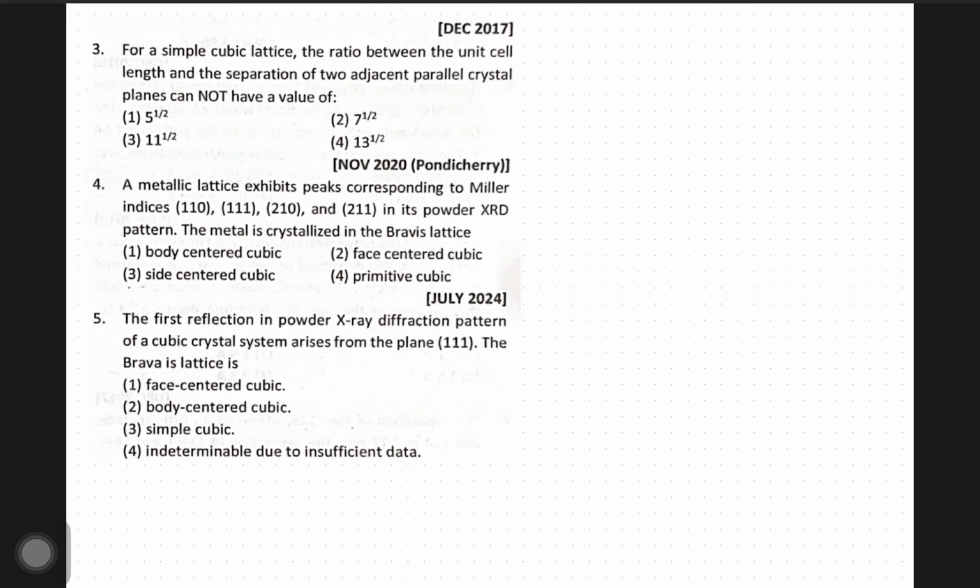Now the third question is, in a simple cubic lattice the ratio between the unit cell length and the separation of two adjacent crystal planes cannot have the value of. Okay, now simple, they are considering a simple cubic lattice.